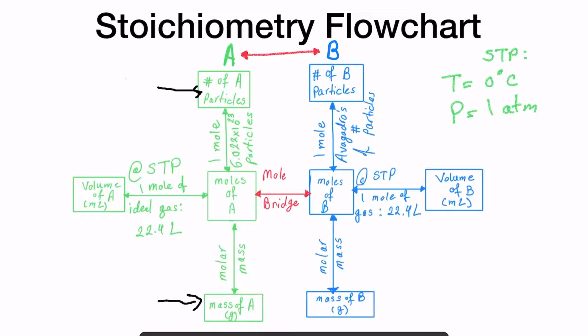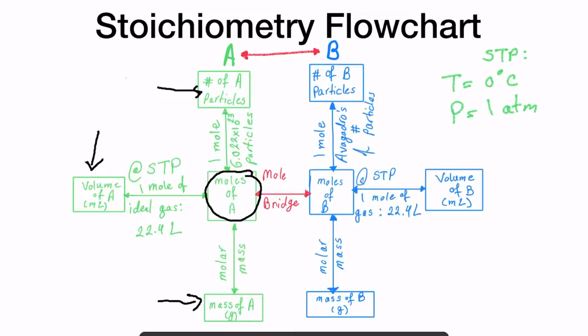And if A happens to be a gas, we know that for an ideal gas at STP, maybe the volume of this gas is given to us. No matter how it's given to us, we want to first convert it to the moles of A. So if it's the number of particles, we can use Avogadro's number, which is 6.022 times 10 to the 23 particles per mole, to convert it to the number of moles.